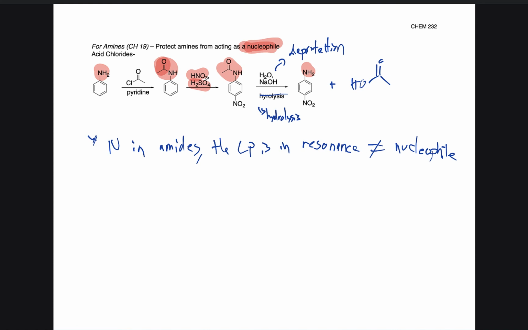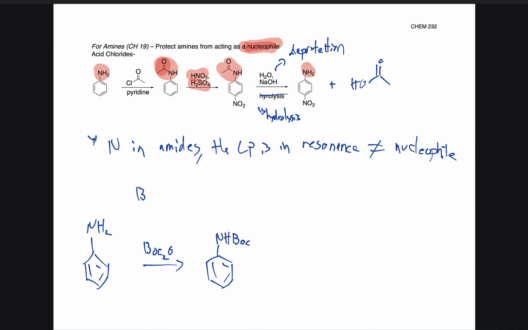Another potential protecting group we can use, and it does the same thing, if we start from the same starting material here, there's another reagent we can add called BOC2O, and it adds something called a BOC group to an amine.